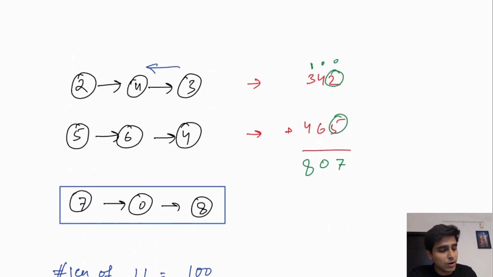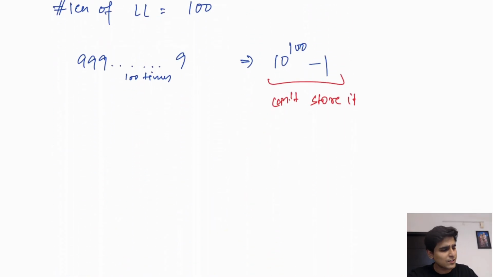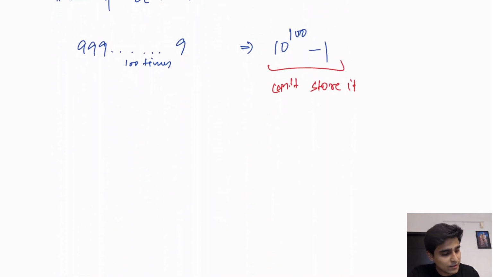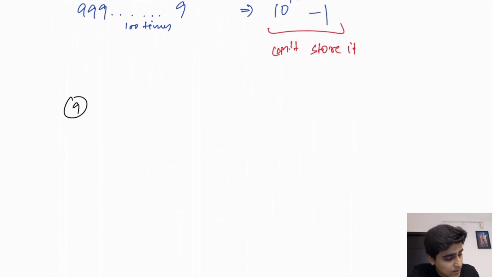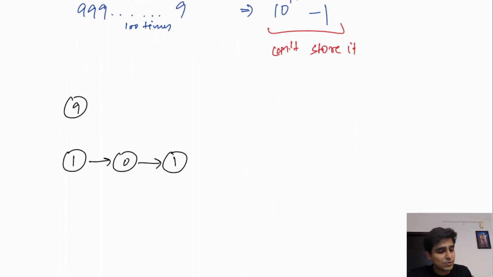Now there are some corner cases. In all linked list questions, there always are corner cases. For example, let's say we have these two inputs. One is 9, the other is 1, 0, 1. If I have to add these two numbers, the actual answer is 101 plus 9, which is 110.